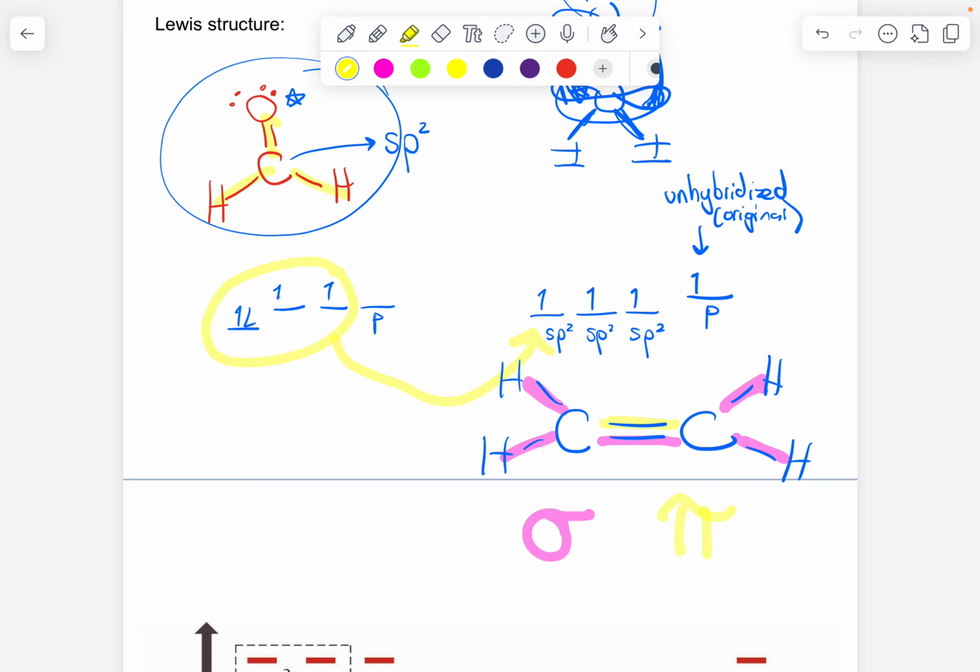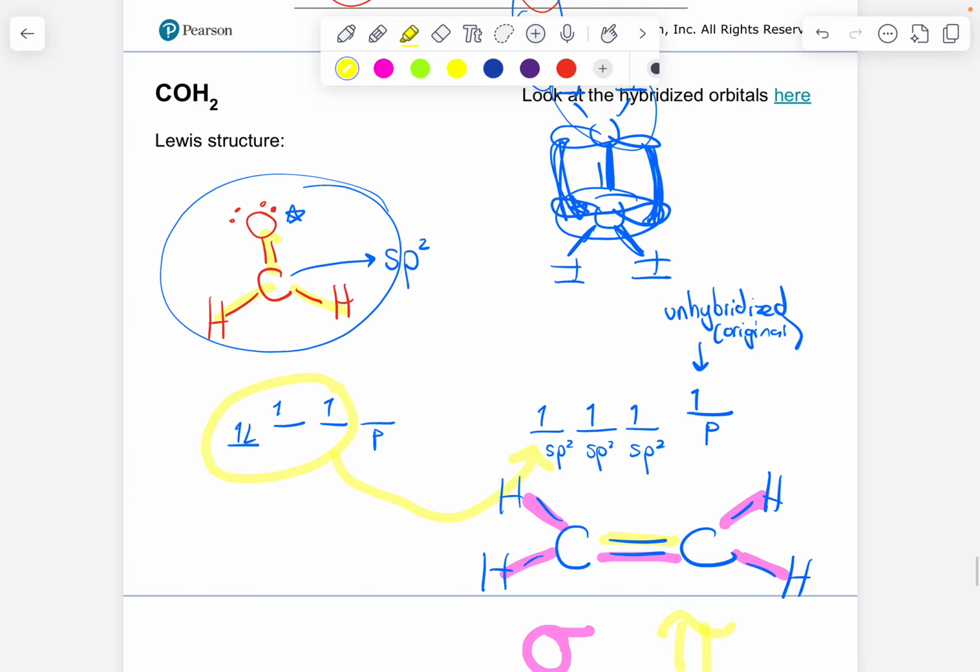You can only ever have one sigma bond in a given region, and any additional bonds, a second or a third bond, would have to be pi bonds, or unhybridized p orbitals that interact either above and below or left and right, but not immediately in the space between the two atoms.